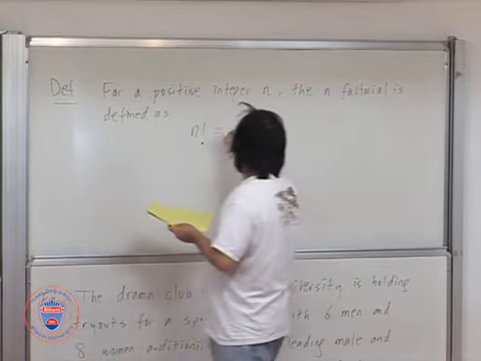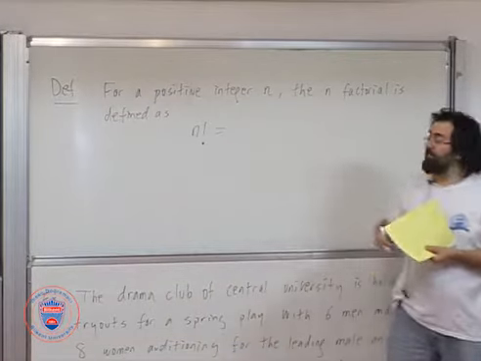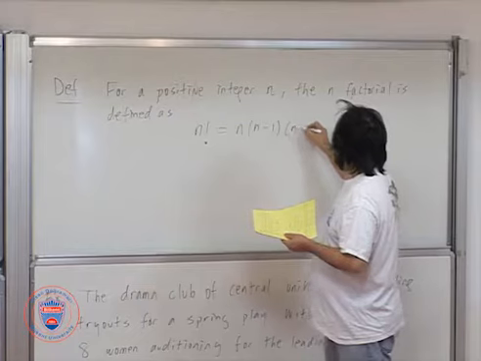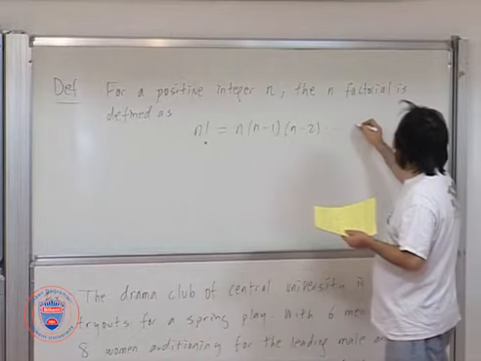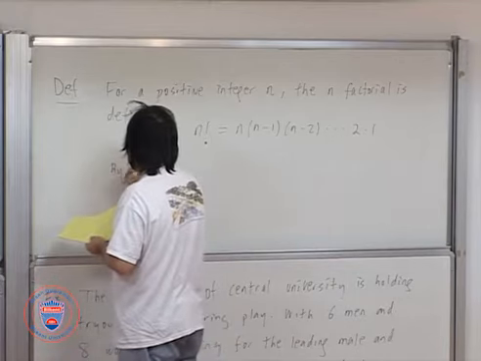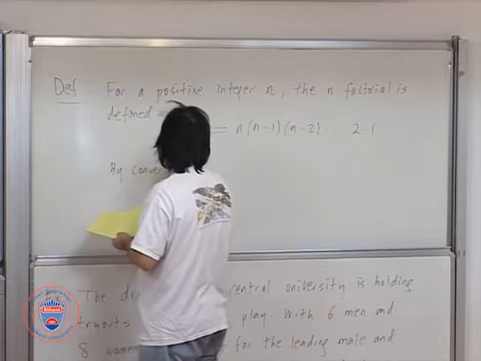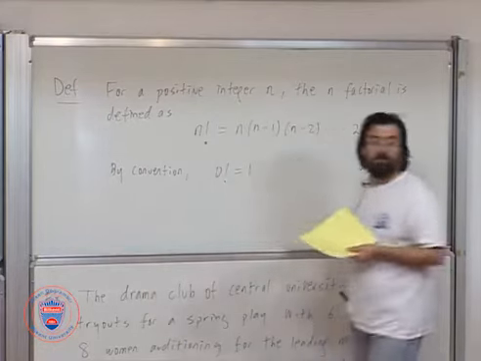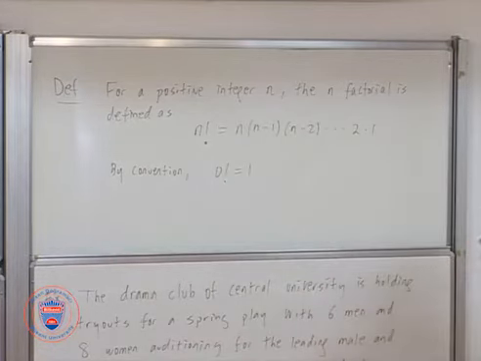This is the notation, n with an exclamation mark. And by convention, we also define 0 factorial, just to make it easy for us, and 0 factorial is always 1.